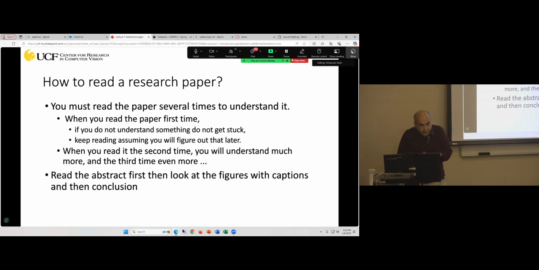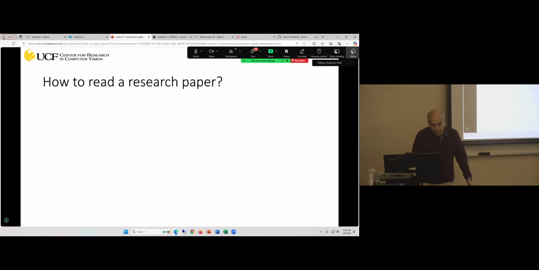So read the abstract first. And the way I do it, after reading the abstract, I look at the figures and the captions and tables and get an idea before reading the text. So the main tip is that when you want to read a paper, try to get a general idea.